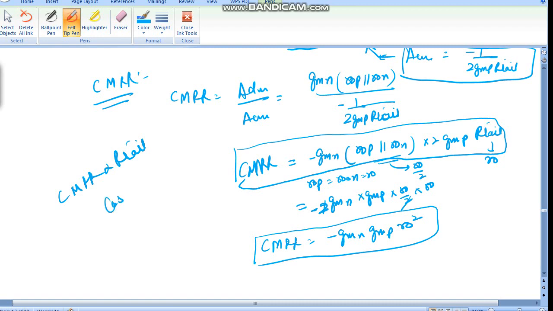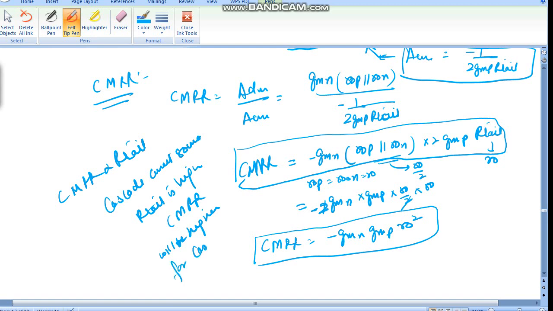If we use a cascode tail current source, then R tail is high, so CMRR will be higher for the cascode current source.